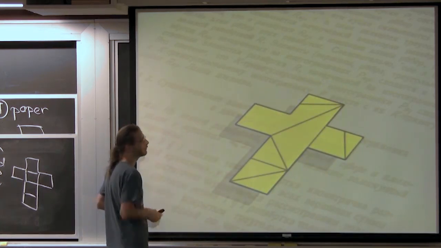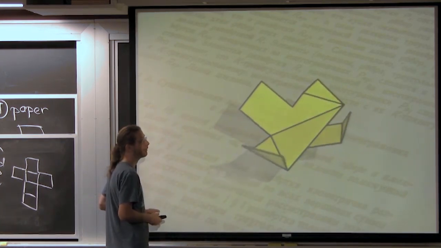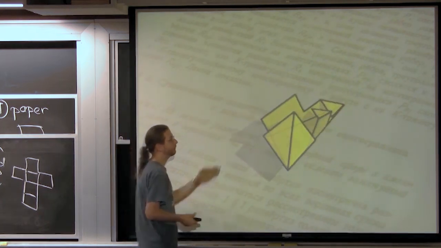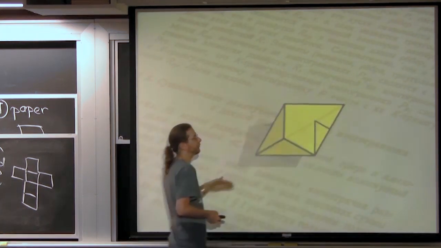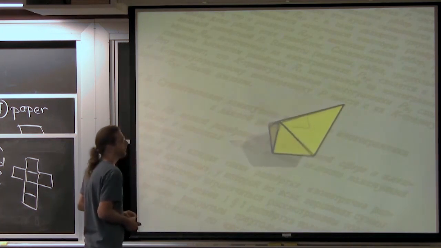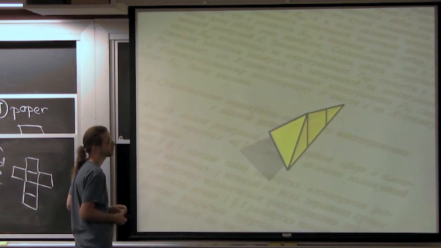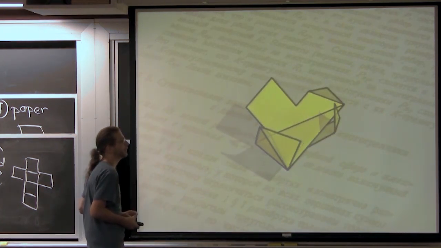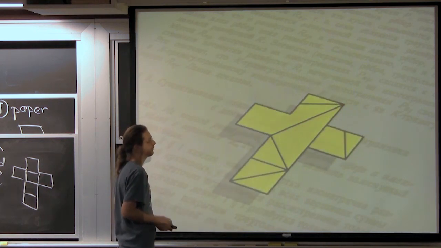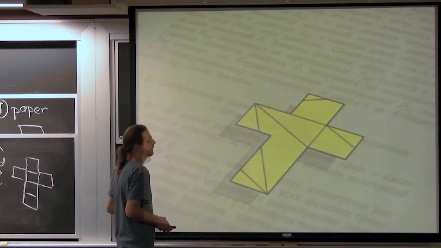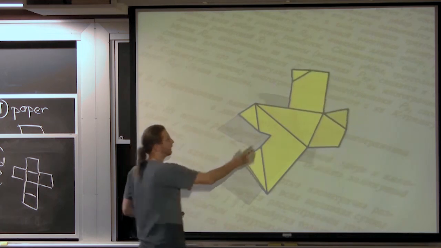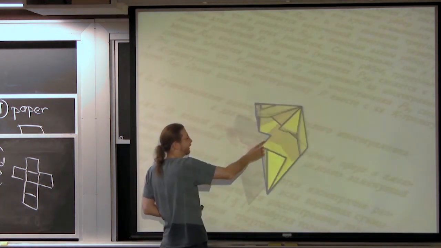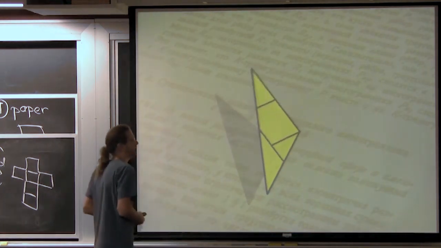But if we change the creases in this way, we get a 5-sided polyhedron with a plane of symmetry down this axis. Or we can change the creases in this way and get a tetrahedron. And it's exact coverage. So this little tab fits into exactly that pocket. Get exactly what you want.